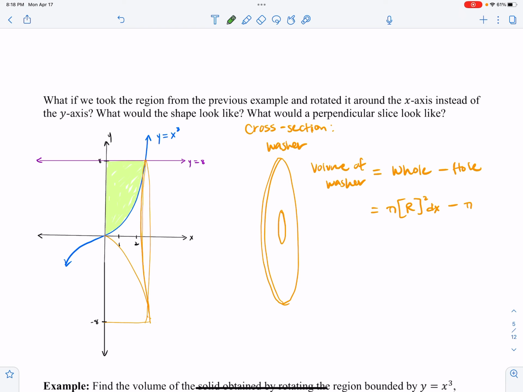So big R would be this distance. And we'll get specific in a second. And then little r would be this distance.